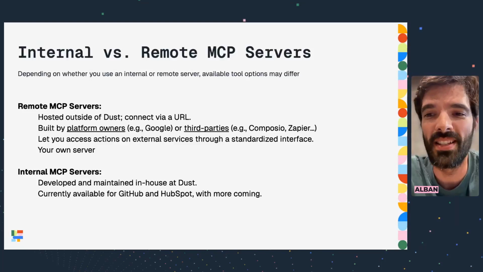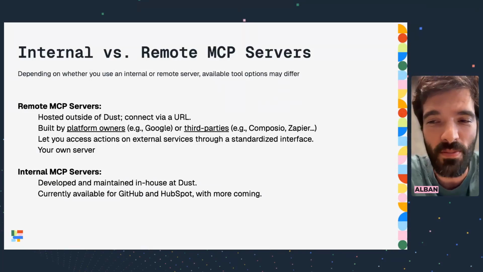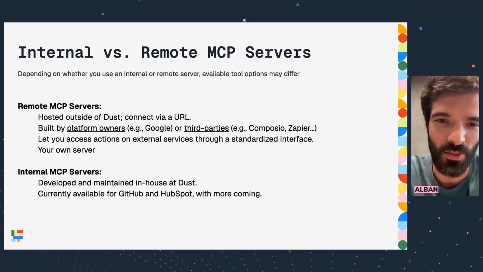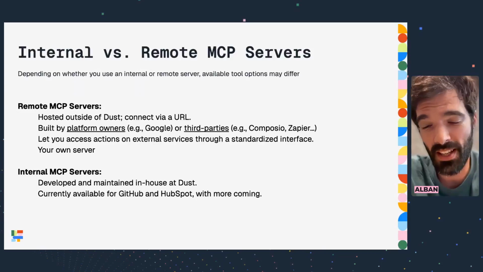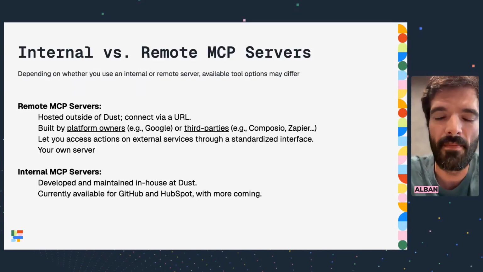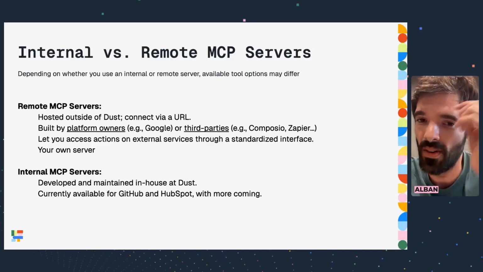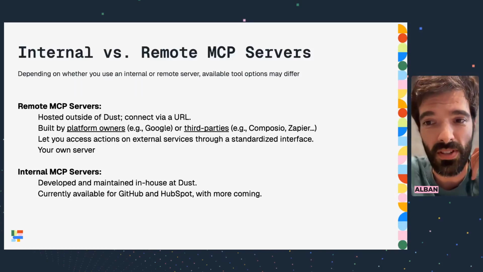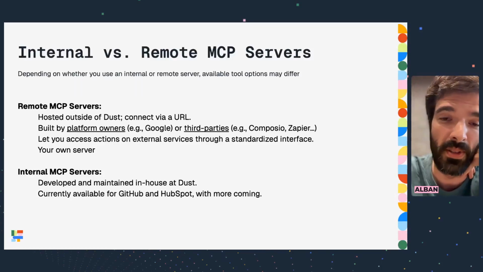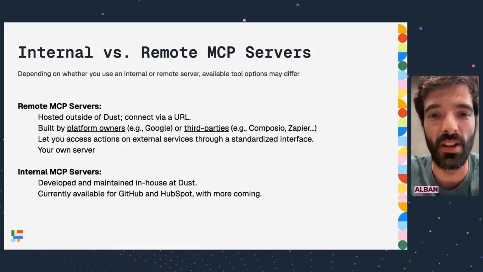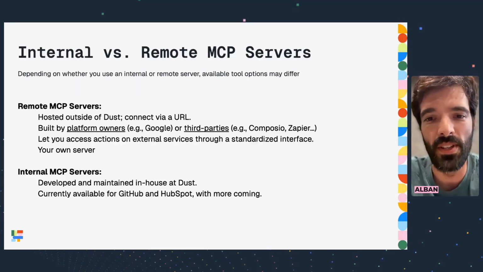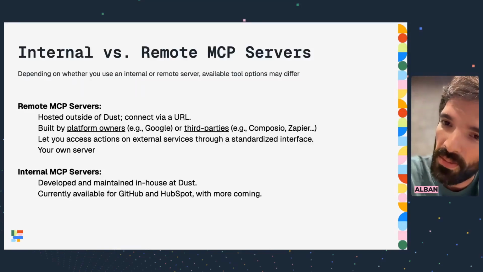It's basically a remote machine that you connect to, basically an API. It's built either by the platform owner itself, so if you want to use Dust as a server, you'll be using the MCP server that we have built. Or it could be built by third parties: Composio, Zapier, Pipedream, etc.